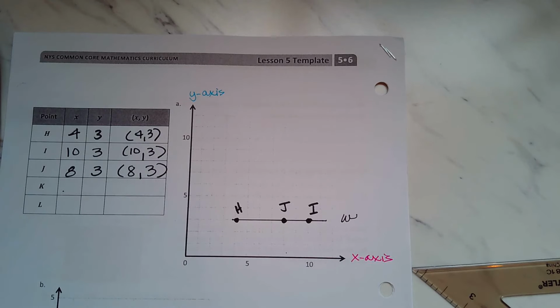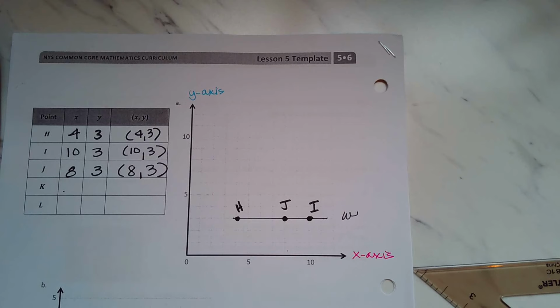Well, it's straight. It goes from left to right across the page. It's a horizontal line. It's almost like another x-axis, except it's been shifted up by 3.